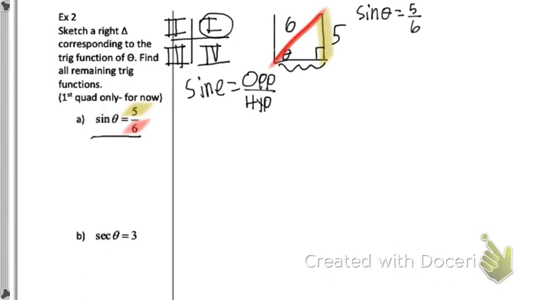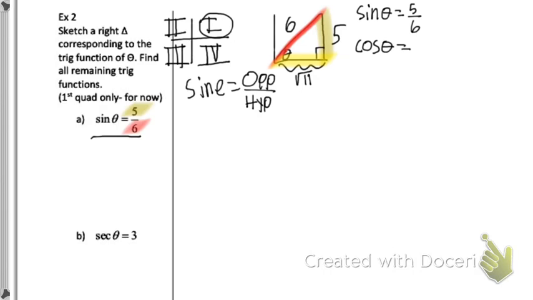So I got square root of 11. And we need to find cosine of theta. Remember that cosine of theta is adjacent over hypotenuse. So it's this side over here.